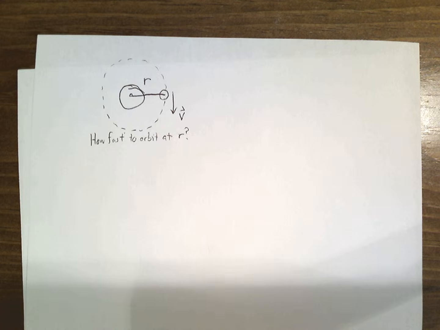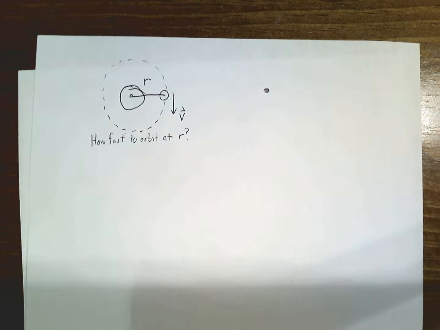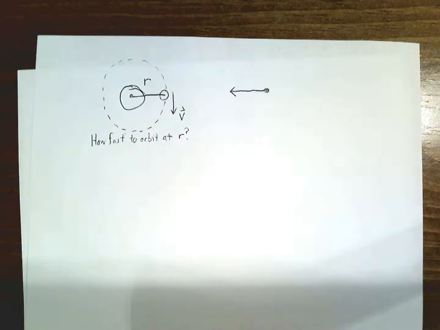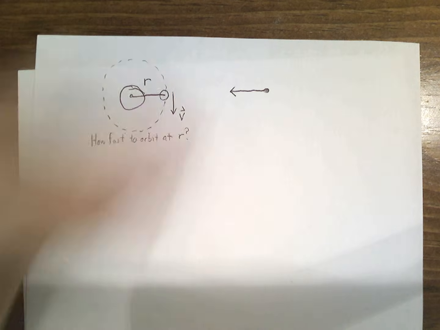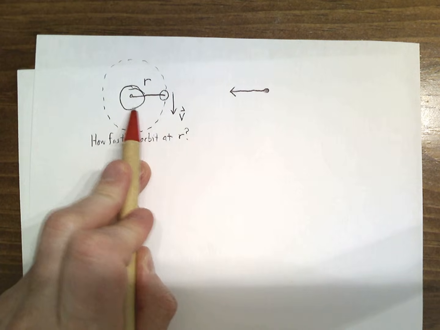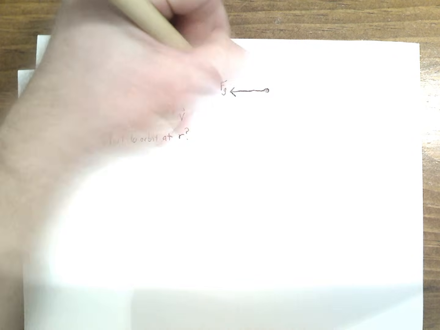Well, when analyzing most things in physics with forces, you draw a force diagram. So here's my planet, a little dot. I'm going to draw a force. The force of gravity is going to point directly between the two objects, and the force is going to point towards the other object as an attractive force. So this is my force of gravity.